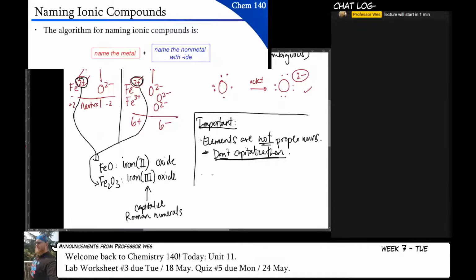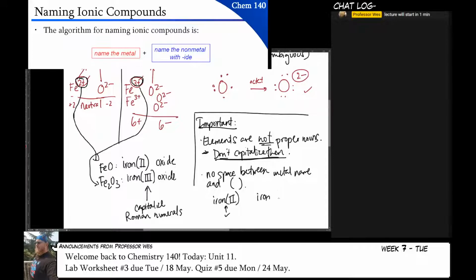What else? When you're naming metals, there is no space between the metal name and the parentheses. So if you enter this, you'll notice there's no space there. That will be correct.